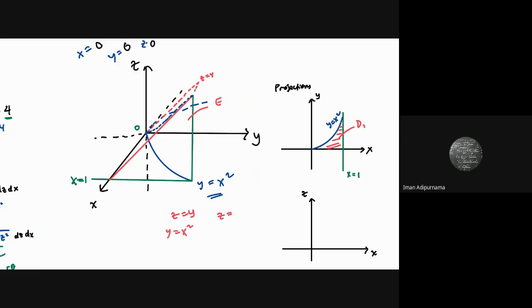So z should also equal x squared. So this is what we have also. We have another function that is not mentioned in the boundary, but you can figure that out from this equation. So you can conclude that z equal x squared.